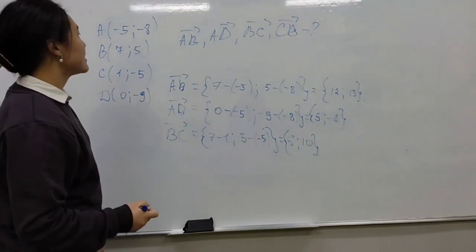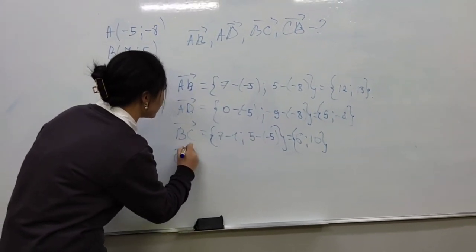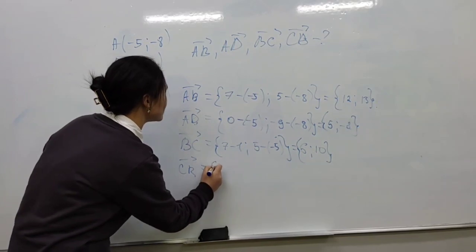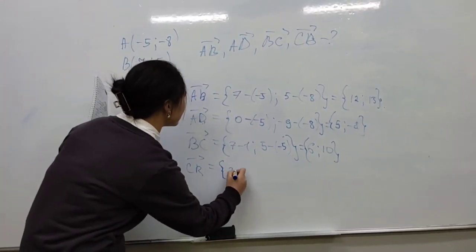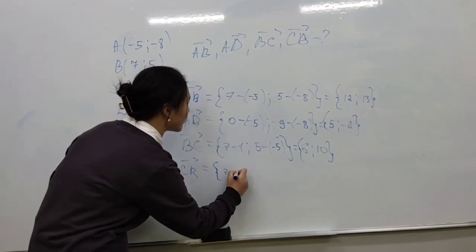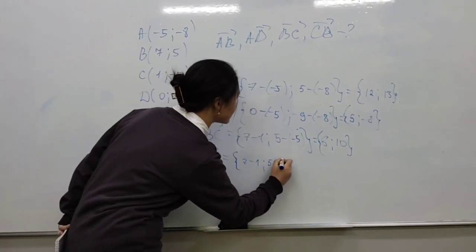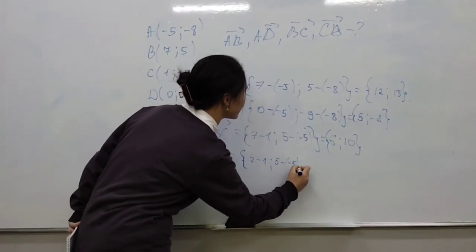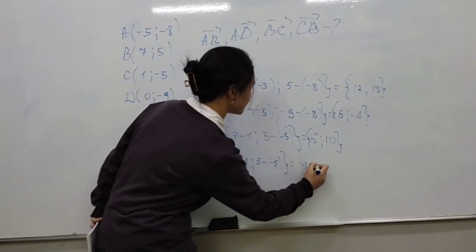Okay, the next example, vector CB is equal to (7 minus 1, 5 minus 5), which is equal to (6, 10).